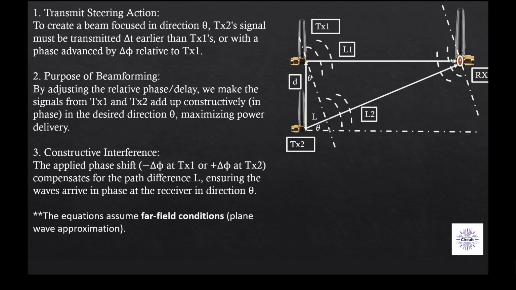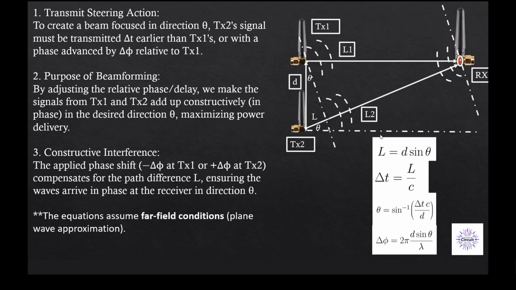How much is it? If I add a line parallel to the wavefront at the receiver, I end up with this distance L, meaning that the signal from TX2 is traveling further by an amount L before reaching the RX.